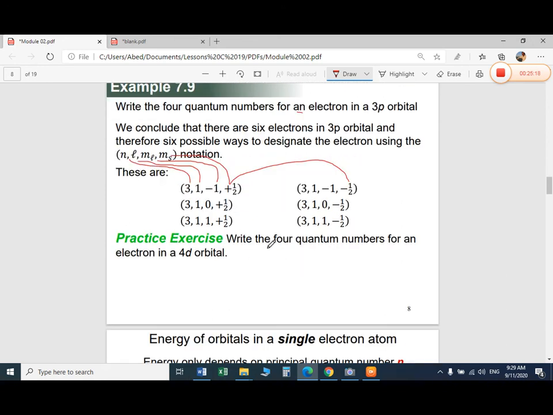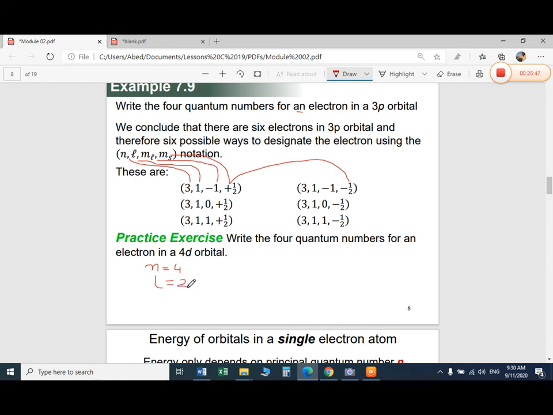Similarly, this question is asking you, in the 4d, how many electrons are there in the 4d? 10. So you have to write the 10 in brackets like this. You solve it yourself, write the values of n, l, ml. So I'll show you: n is equal to how much? n will be equal to 4, and l will be equal to how much? l will be equal to d. d means what? s, p, d. So it will be 2.